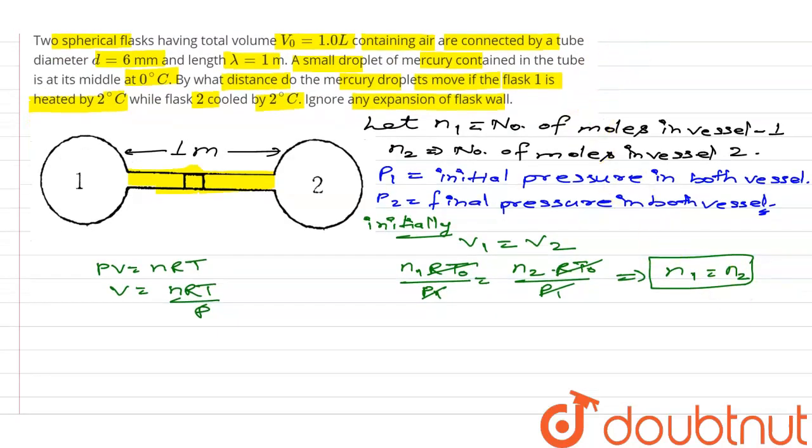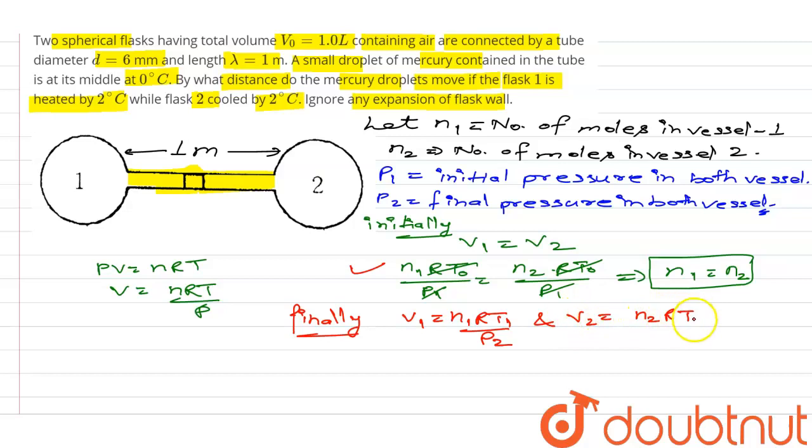Okay, now finally, this condition is at initial, this condition is at final. V1 is equal to N1 RT1 divided by P2, and V2 will be N2 RT2 divided by P2.